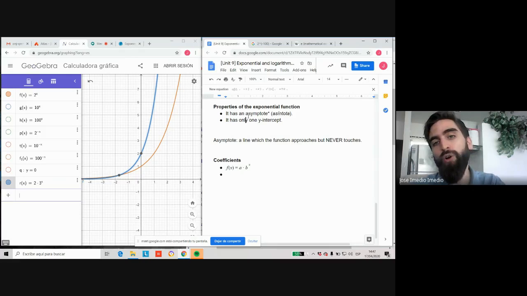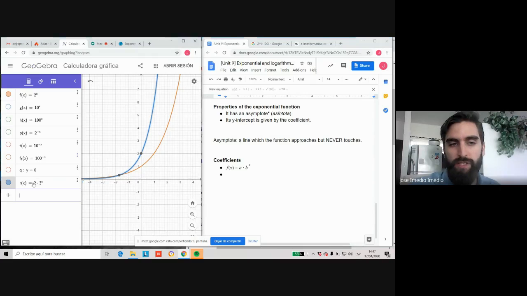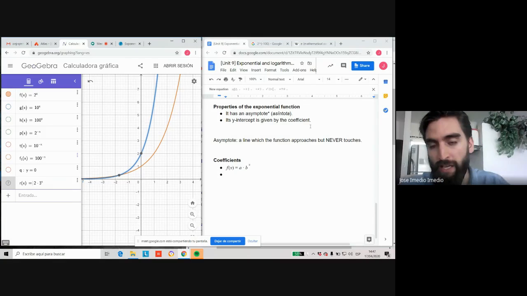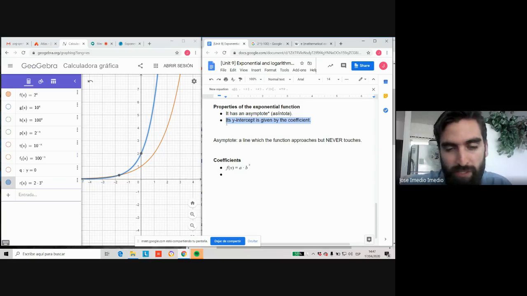Instead of saying it has only one y-intercept, which is a bit obvious because that happens for every function, we could say something more specific, like its y-intercept is given by the coefficient. If there's this coefficient, it's going to give you this value. This is helpful when you're solving the IXL exercises or anything, because that makes your life easier. Okay, that's all. You don't need to remember this.